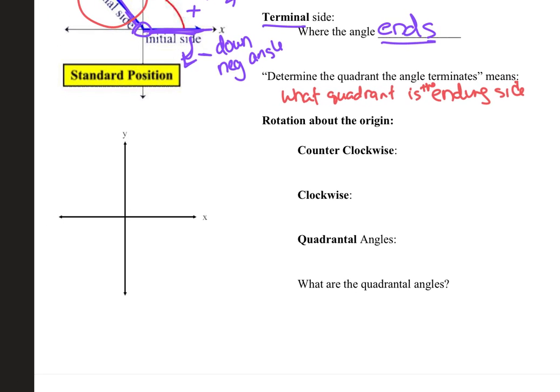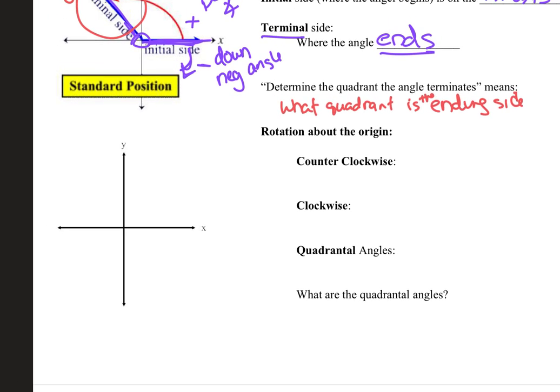Rotation about the origin. When you draw an angle in standard position, you always understand that the x-axis is one side, so you don't have to worry about drawing that side. You only have to draw the ending side and which direction you went.